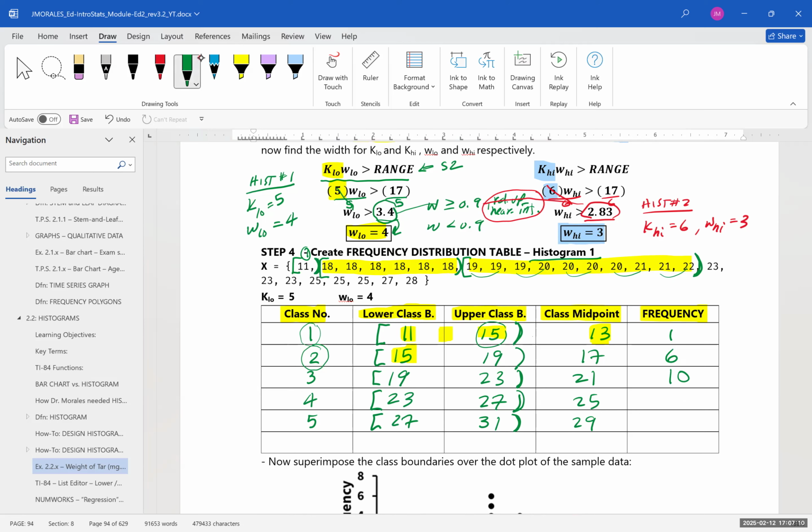We're going to go from including 23 and excluding 27. How many do we have? 1, 2, 3, 4, 5, 6. Frequency of 6. And then our last class, class 5, includes 27 and excludes 31.